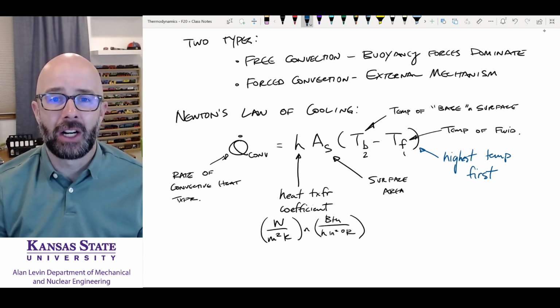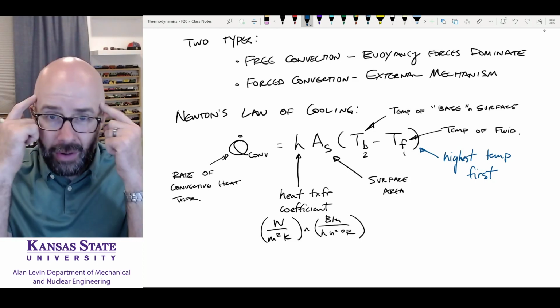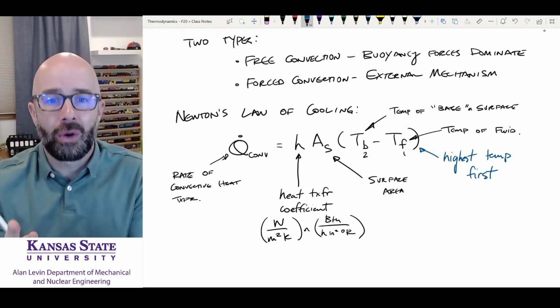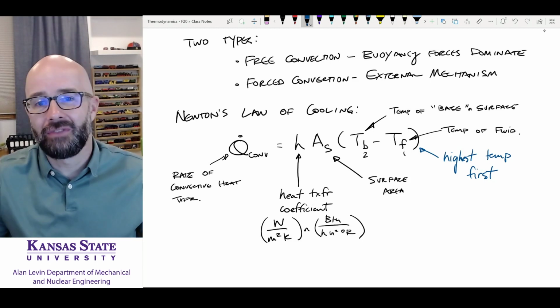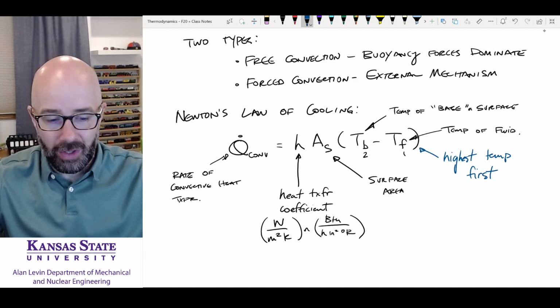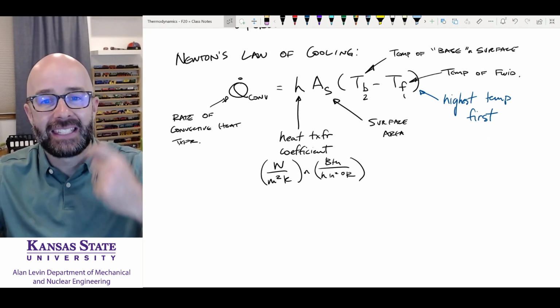So again, you put the highest temperature first, and then you have to know, okay, is it coming out of my surface or coming into my surface? And that's going to help you with the sign convention when you deal with your system. Remember, coming into a system is positive, leaving a system is negative.